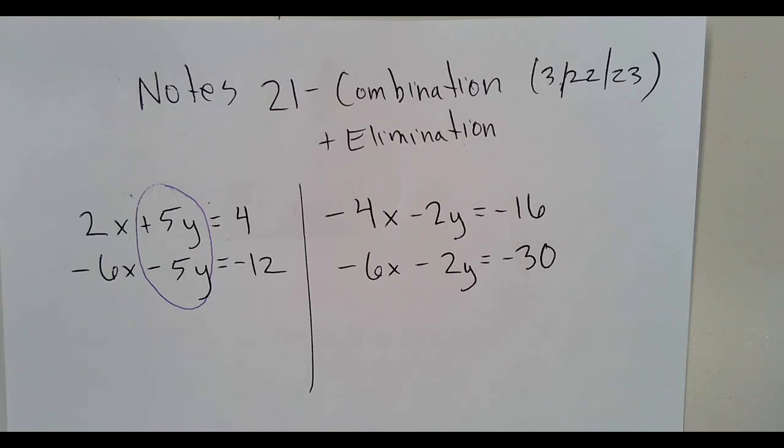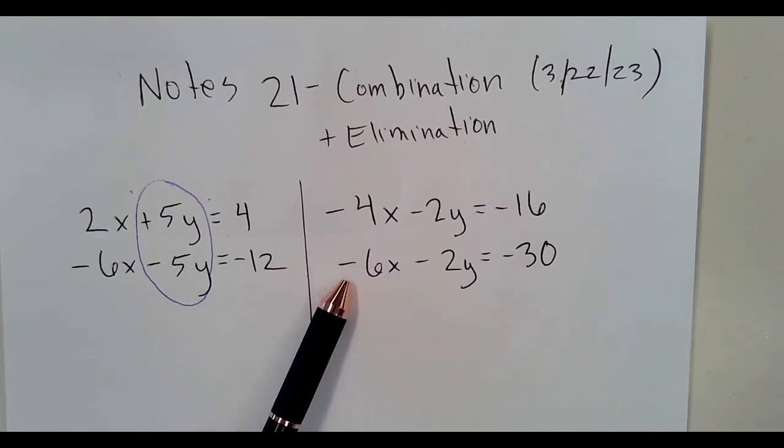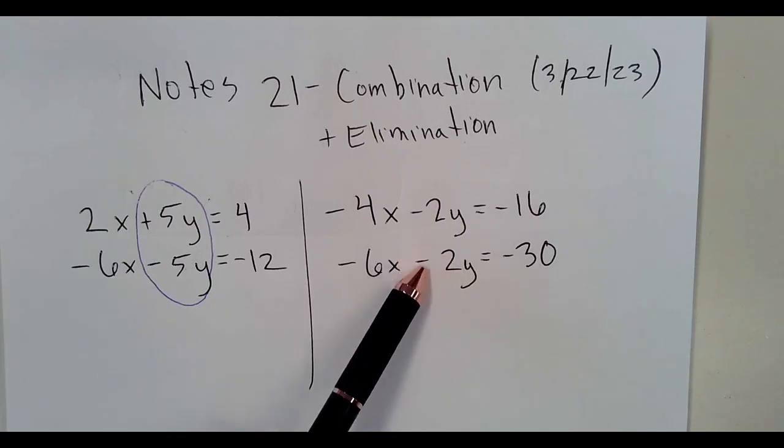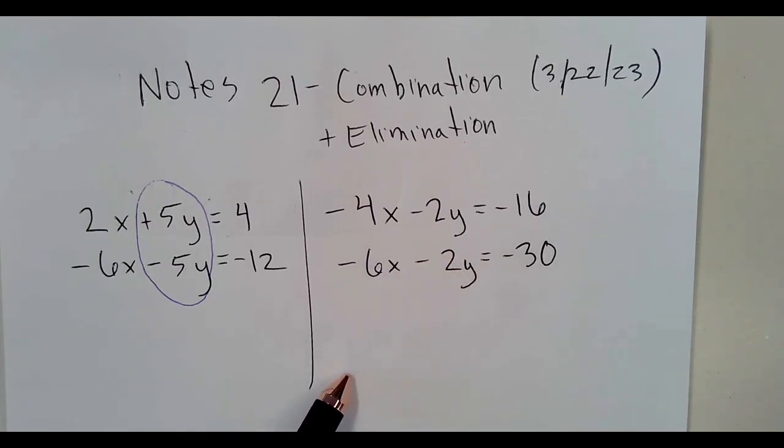This system of equations should also be solved with the combination and elimination method. And the reason is because you're very close in this system of equations to having an opposite coefficient. You're very close to that.